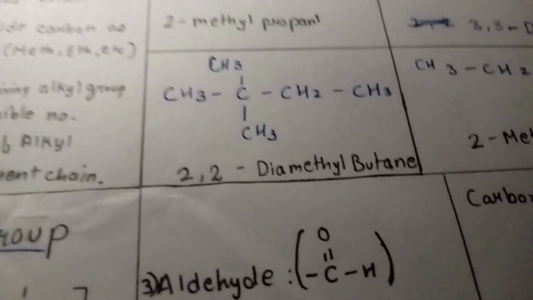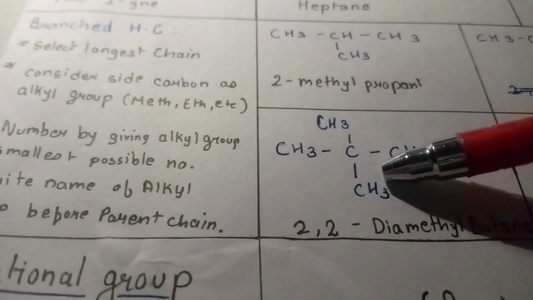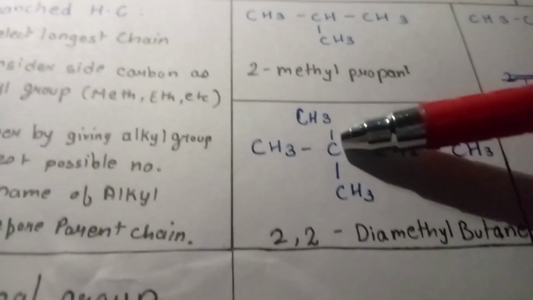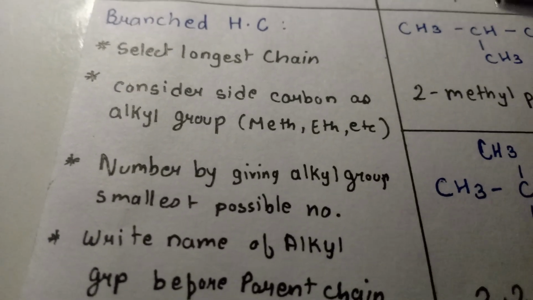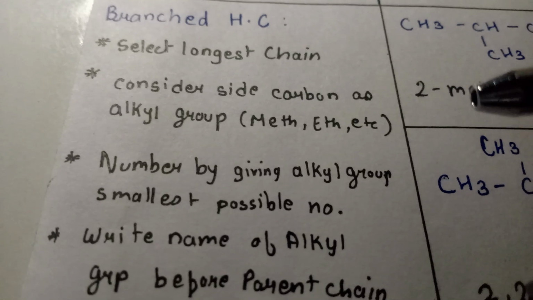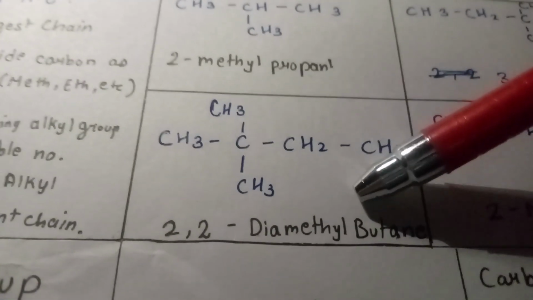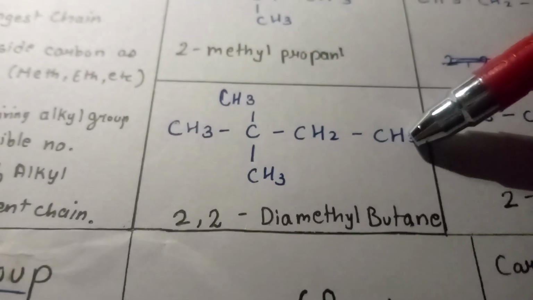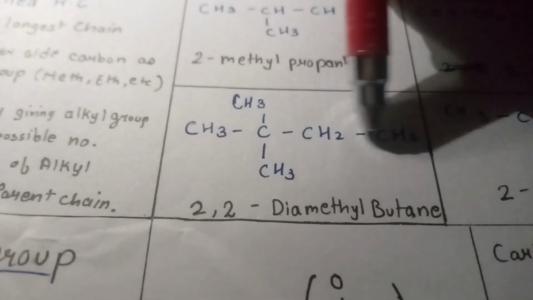So starting off with the first one, there are two methyl groups at the carbon C, and as per the rule, the number of the given alkyl group must be the smallest possible number. Which means if we are naming a carbon, it must be in the smallest possible way, which is from this.